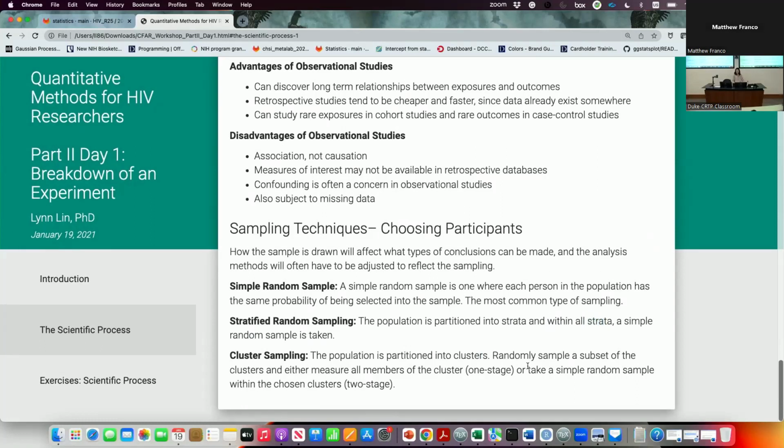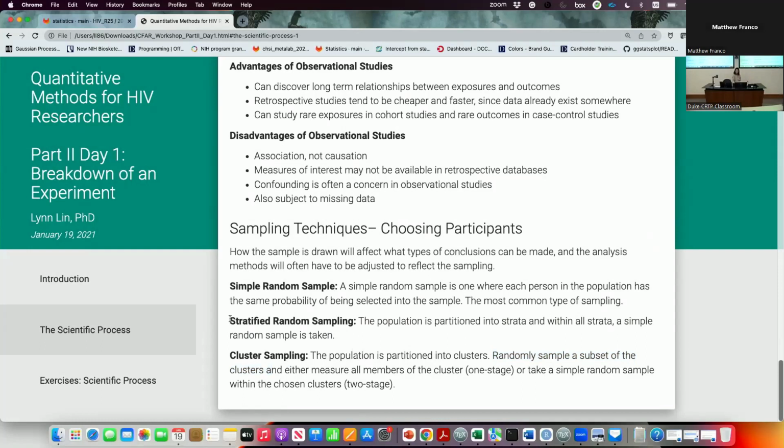But here, once we partition the population into clusters, we only randomly sample a subset of the clusters. For example, if I partition the population into 10 clusters, I do a simple random sample and pick 4 clusters out of these 10. Then everyone belonging to those 4 clusters will become my final sample. So that's the difference.